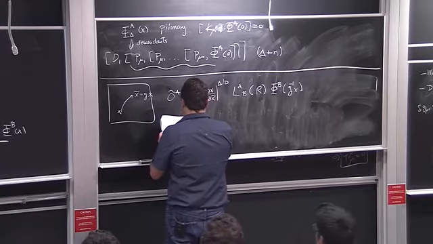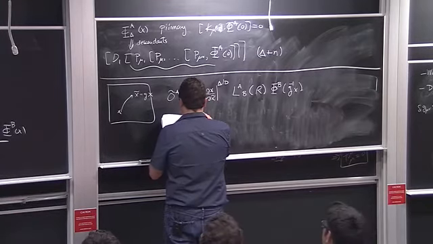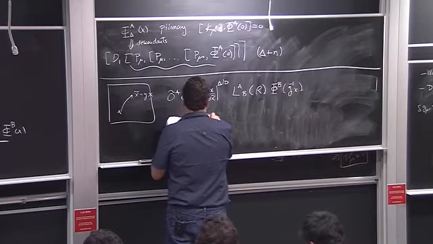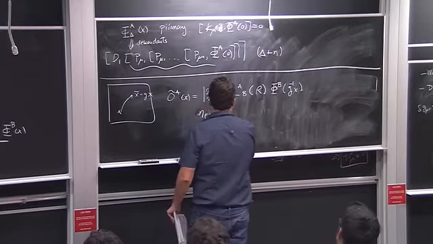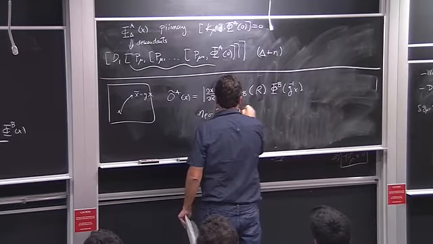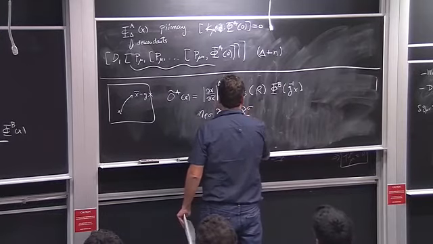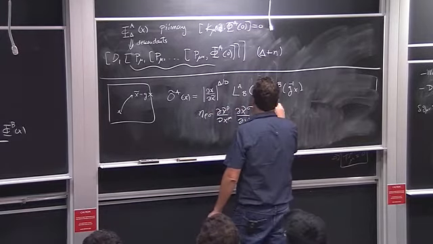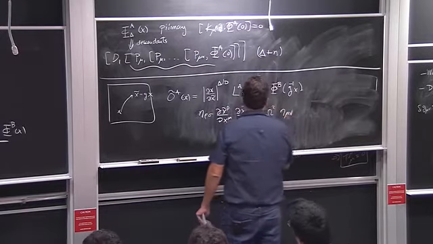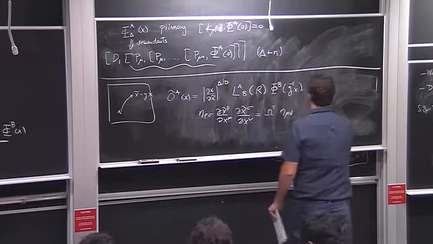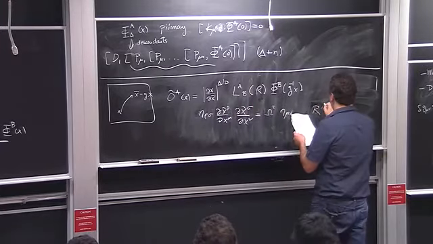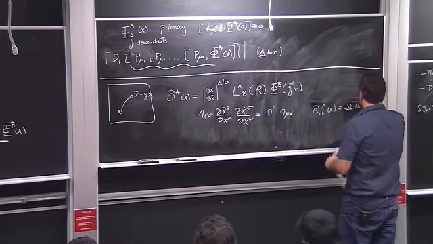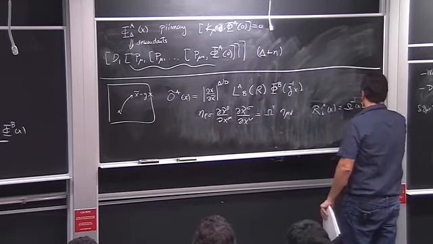Remember that the conformal transformation was something like this. And we concluded that you can define a matrix, calligraphic R, which is now x dependent, the omega inverse dx mu.